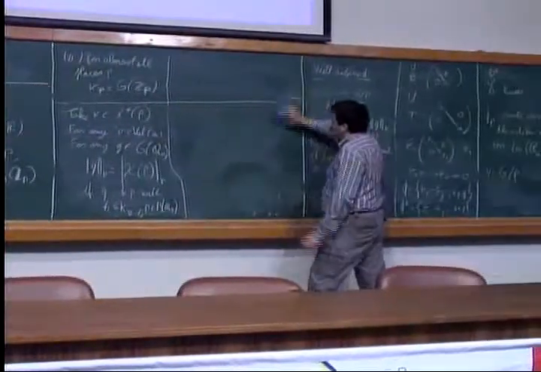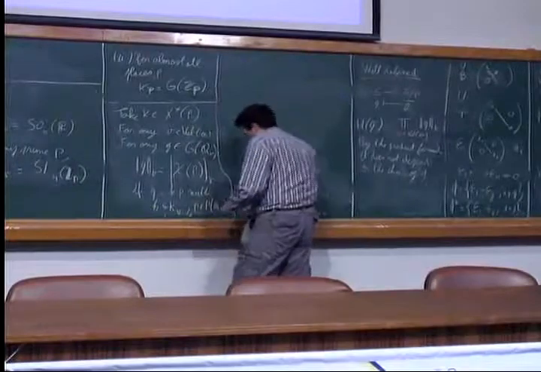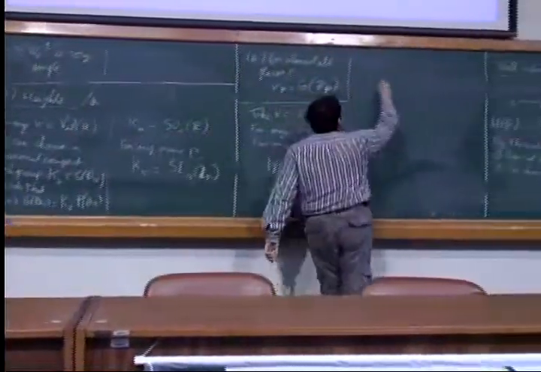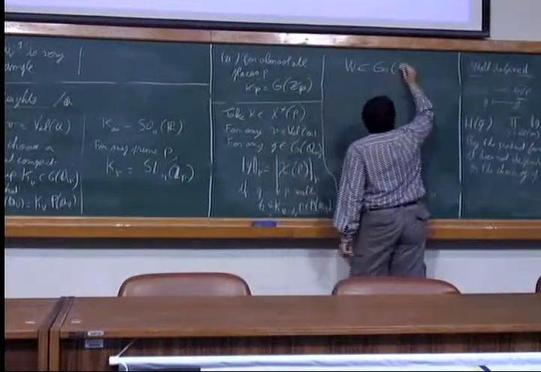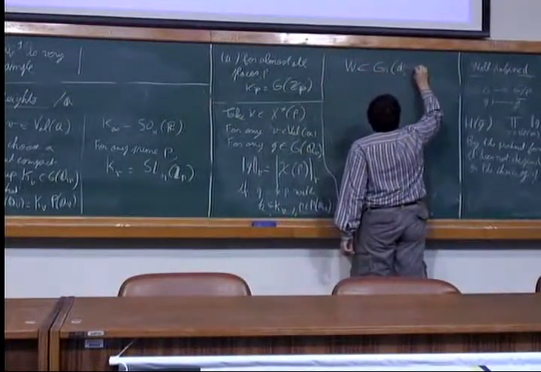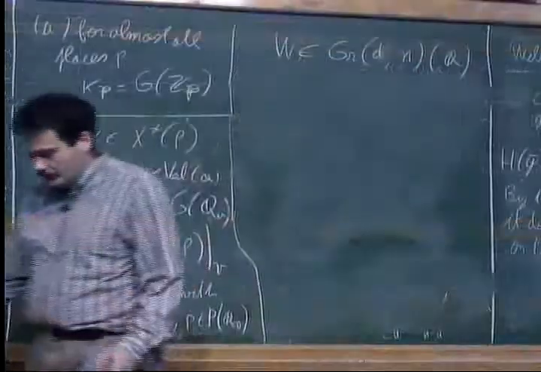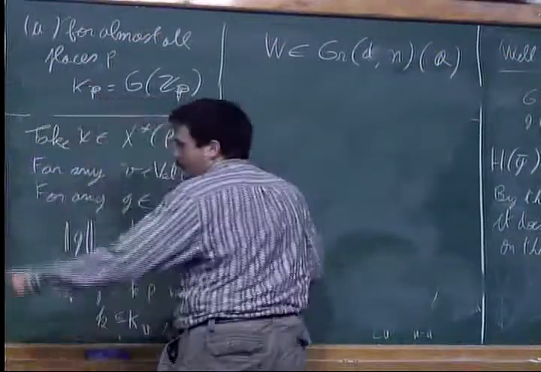So in the example, if you work out all the details, well, you get the following. So let's take W in the Grassmannian of subspaces of dimension d in Q^n, so defined over Q. So W is a subspace. Well, I have this quadratic form I was using.